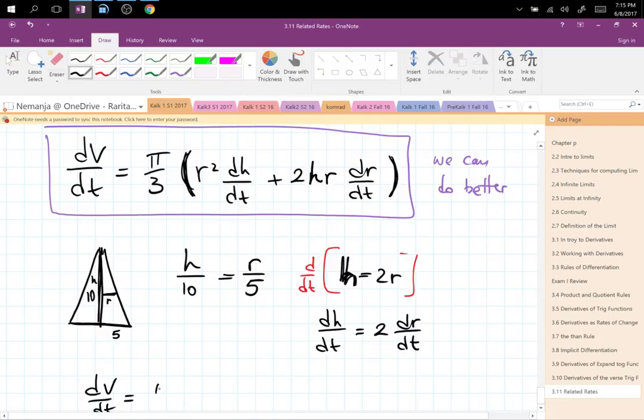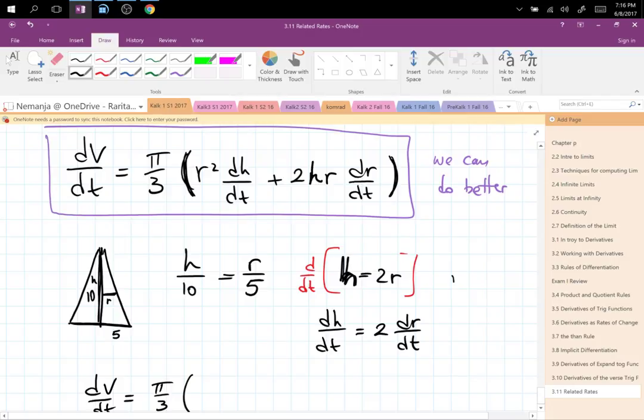When I plug this in, it's pi over 3, open parenthesis. Let's keep every h and eliminate all r's, or you can eliminate r's and keep h's, whatever. So which one do you want to keep, r or h? Doesn't matter. Pick one. You want to keep h? Okay. If you want to keep h, that means r's have to go.